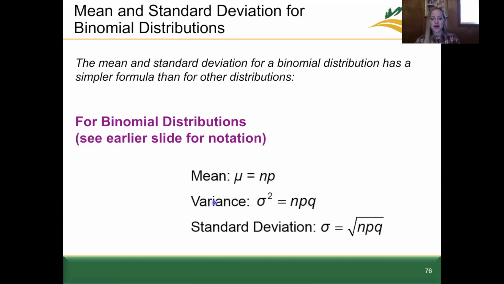In the same respect, the variance is always the square of the standard deviation. So our standard deviation, or sigma, is just the square root of how we calculated the variance. So for standard deviation, sigma is equal to the square root of n times p times q, where we first do this multiplication step and then take the square root.